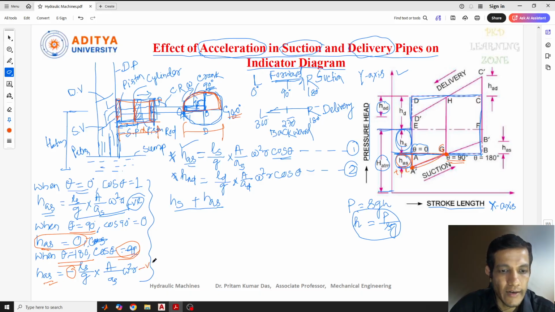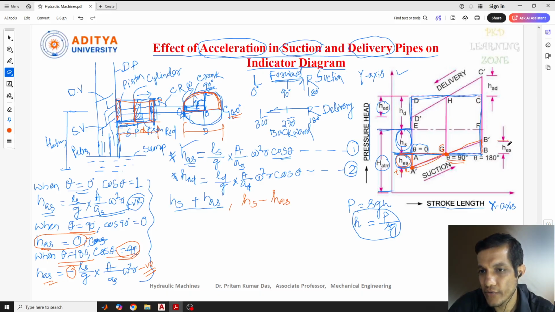So this negative value gives us HS minus HAS. That means the value goes up here. Here HAS is positive, here HAS is negative based on the equation. And this also will be below the atmospheric pressure head.